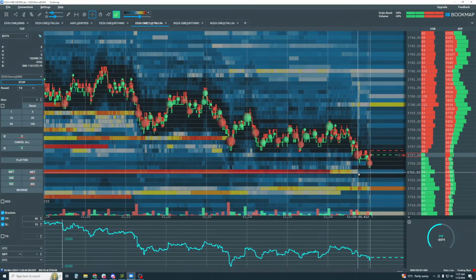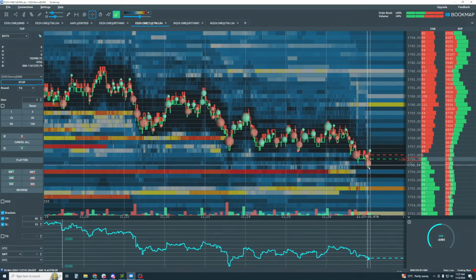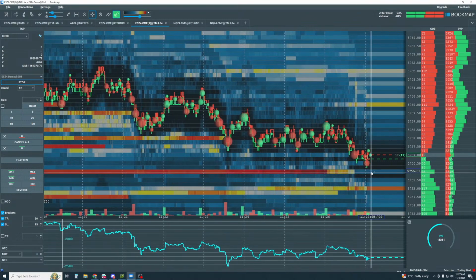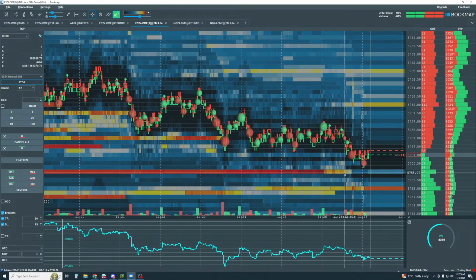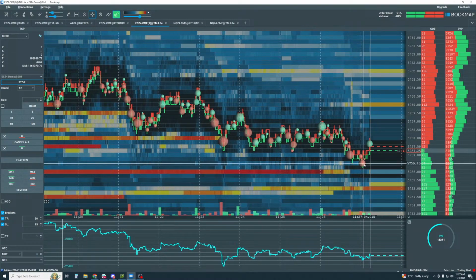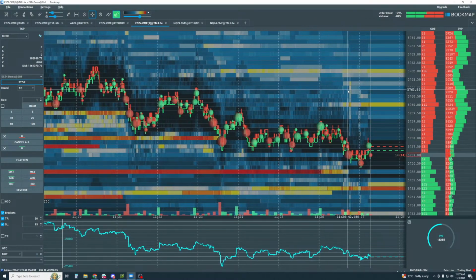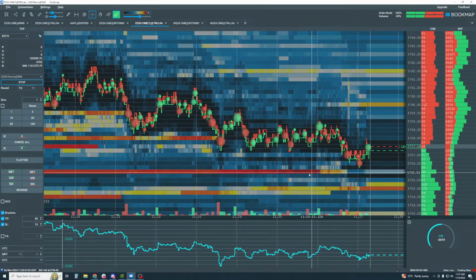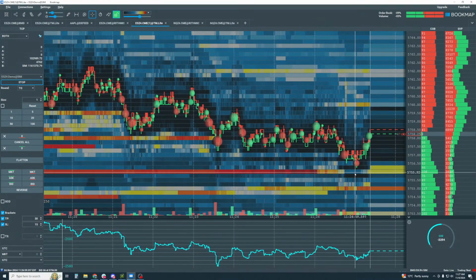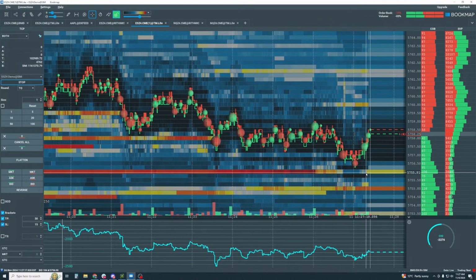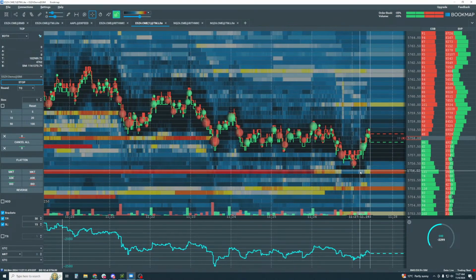Here they're pulling, right? This allows sellers to continue to hit the bid and move price lower because there's just less buyers here. Obviously, you still need the aggressors here to move price lower. But these sellers that looked like they really wanted to sell are telling us they don't want to sell, or they want to sell less.